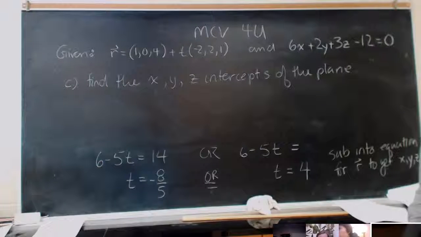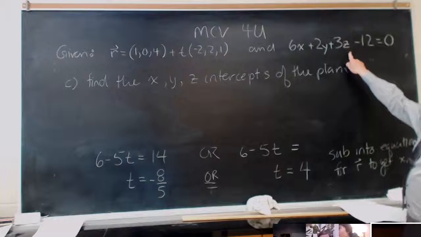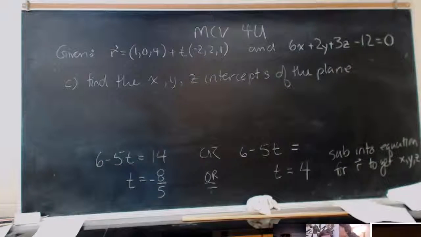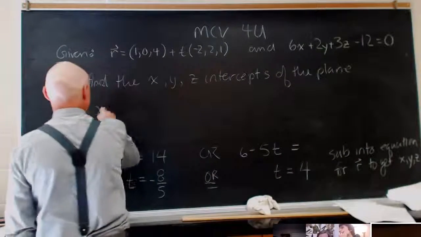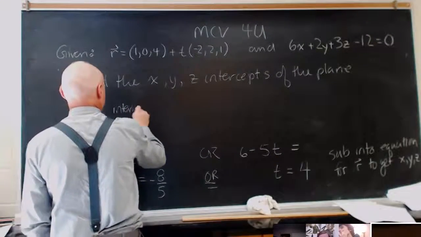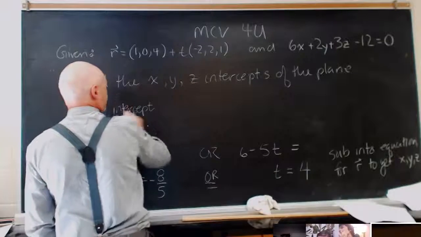This is easier than you're thinking. 0. Exactly, yeah. Y is going to be 0, Z is going to be 0, so all we really have to do to find the x-intercept is just substitute a 0 in for y and z. Things get really easy.